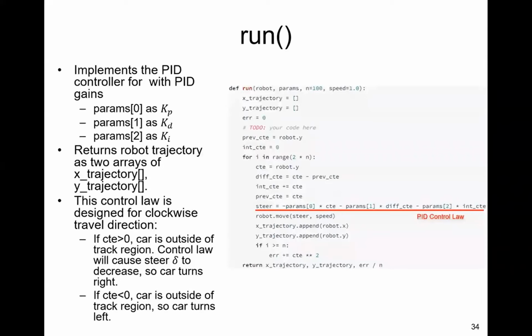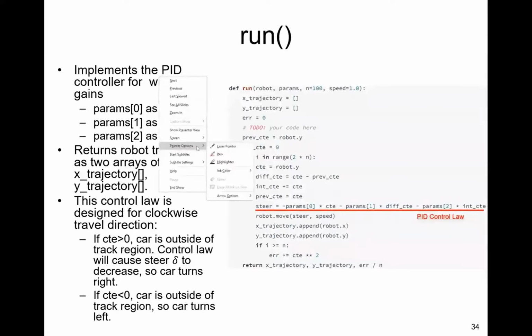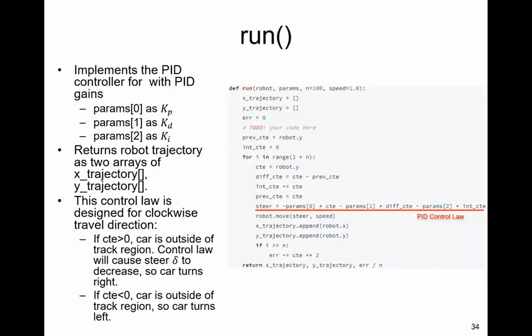So in the Python code, the run function performs a PID control operation to define the steering angle direction delta, and then you do a move operation, which is the bunch of messy equations we saw just now.